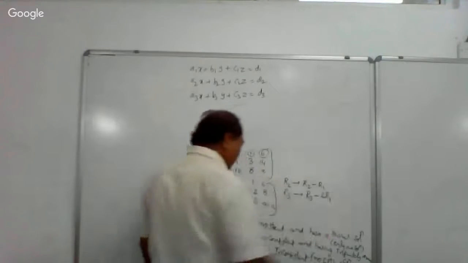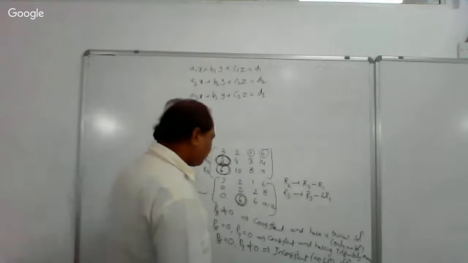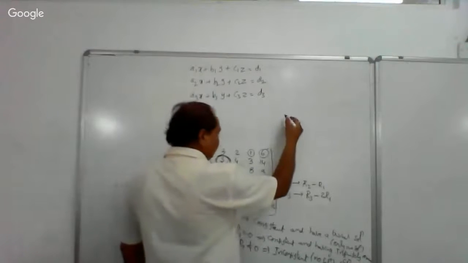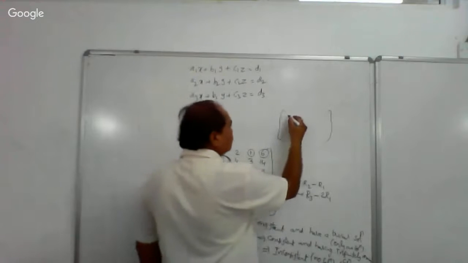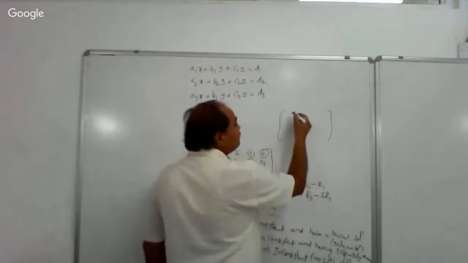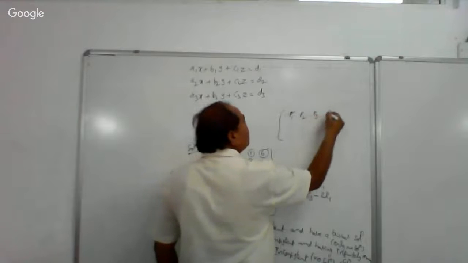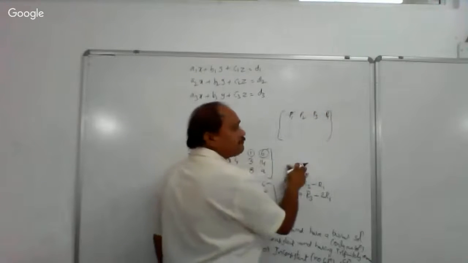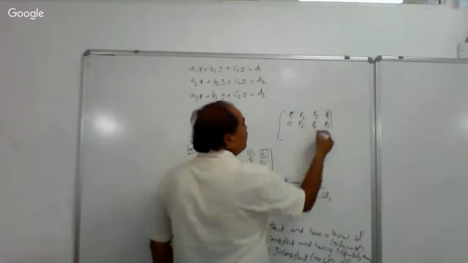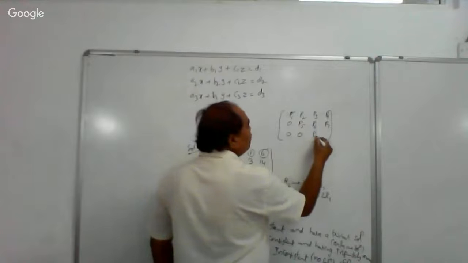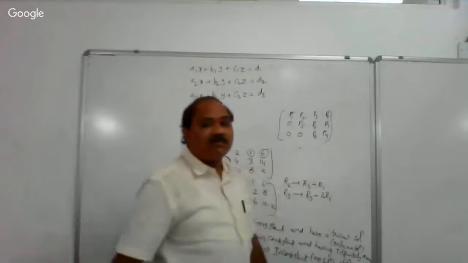Now, just listen to me. Suppose, what is echelon form? P1, P2, P3, P4, 0, P5, P6, P7, 0, 0, P8, P9. Again, convert into a system of equations.